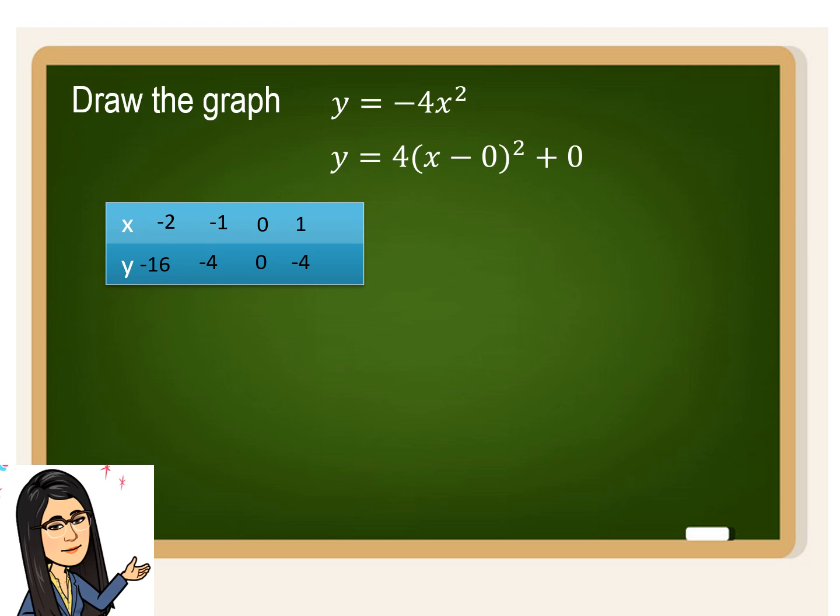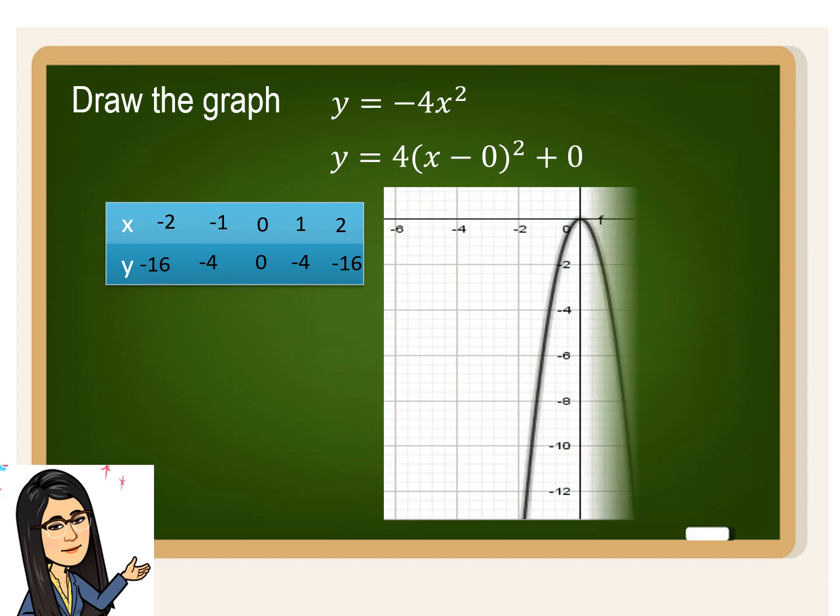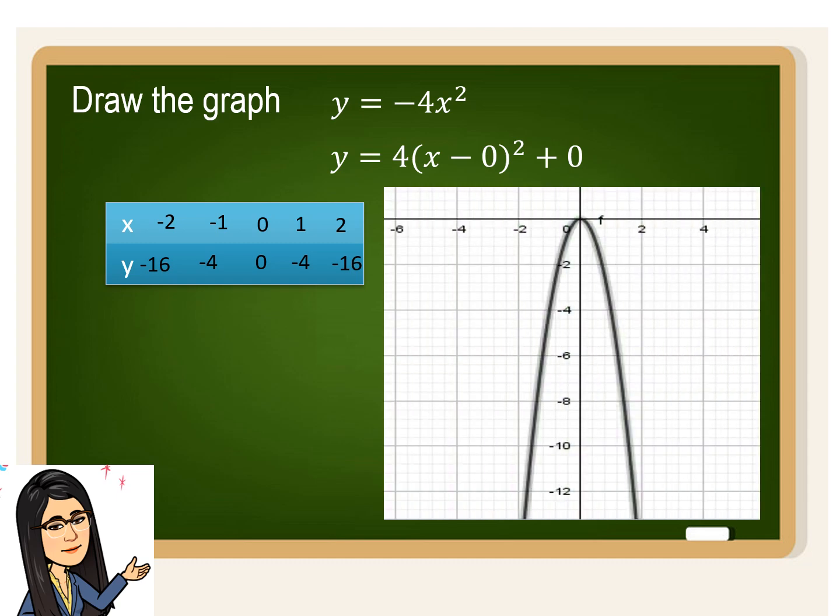And if x is equal to 2, negative 4 times the square of 2 will give us negative 16. Let us plot the points (-2, -16), (-1, -4), (0, 0), (1, -4), and (2, -16) in a Cartesian plane. This will result in a graph that is inverted since the value of a is negative 4.